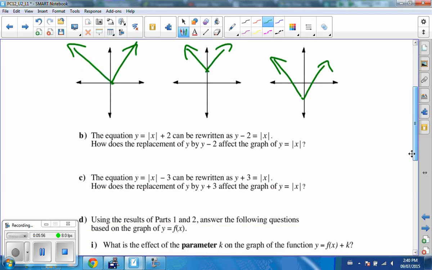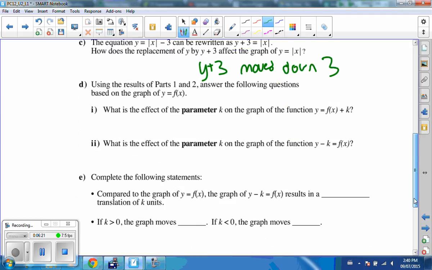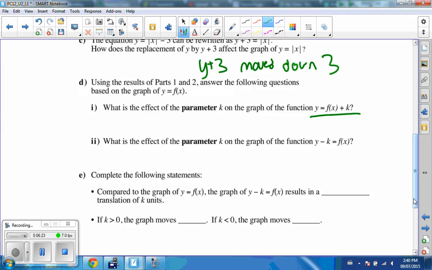The reason that this moved up is that it could be written as y minus 2. So that's what the replacement did. The y minus 2 replacement moved up 2. The y plus 3 replacement moved down 3.